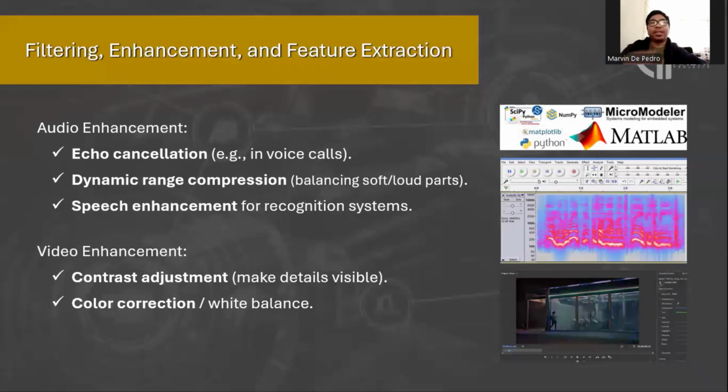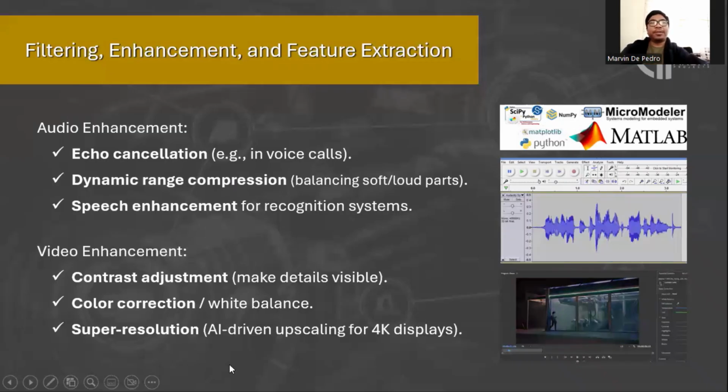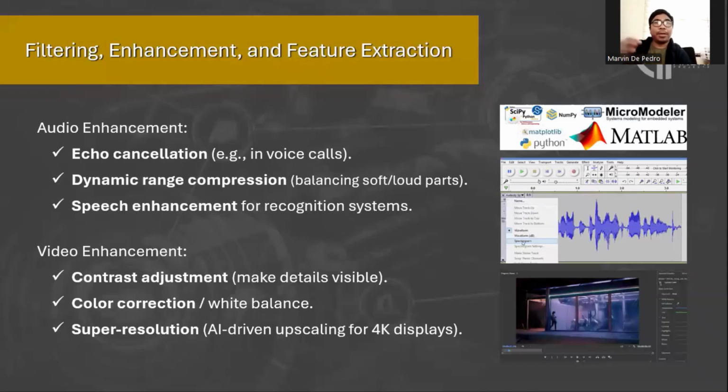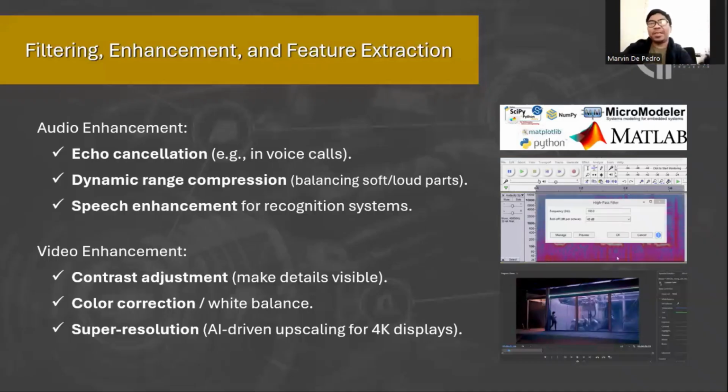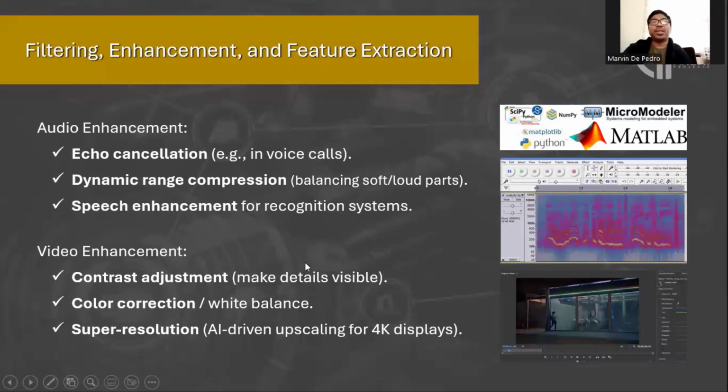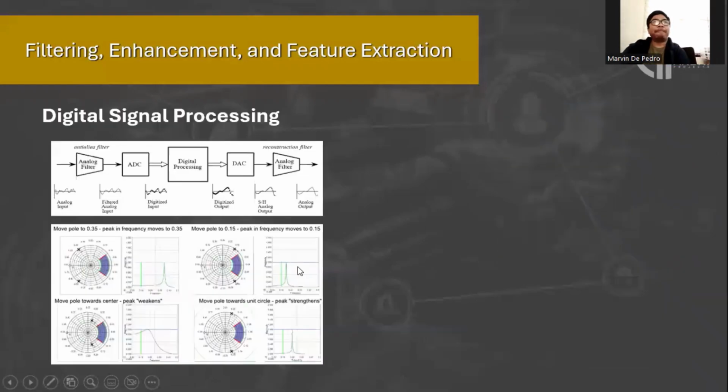Remember what I introduced a while ago, histograms can be used for these two. And super resolution, AI-driven upscaling for 4K. With the help of video processing, you can upgrade each pixel of your image so that it can now accommodate 4K displays. 4K meaning you can have more pixels. So that's what you can do with video processing.